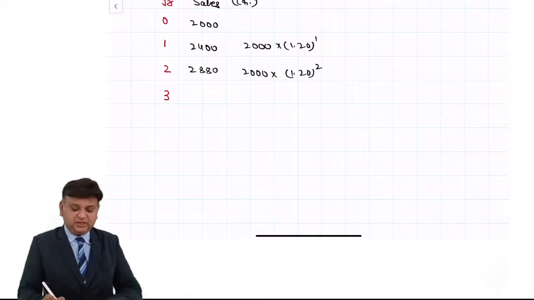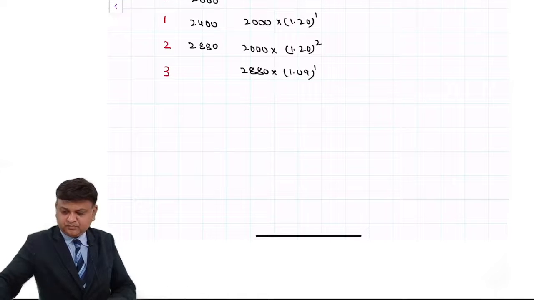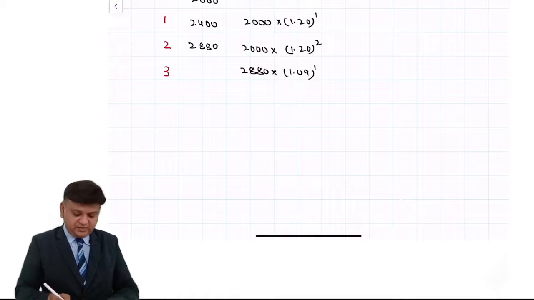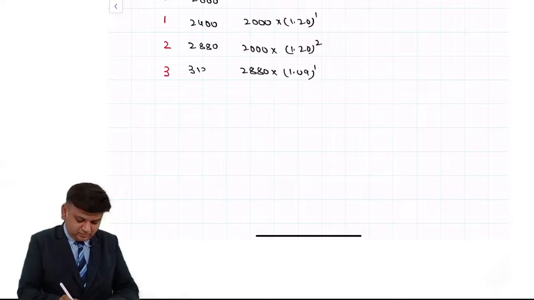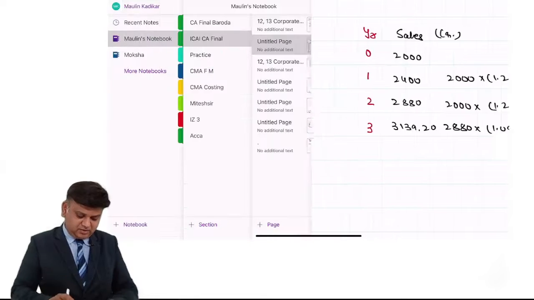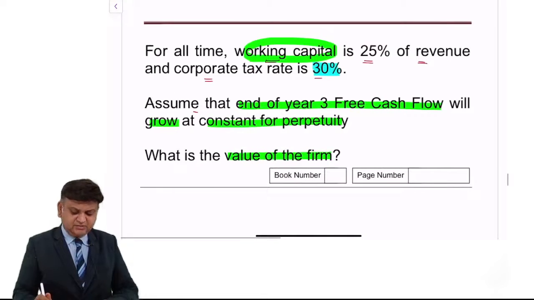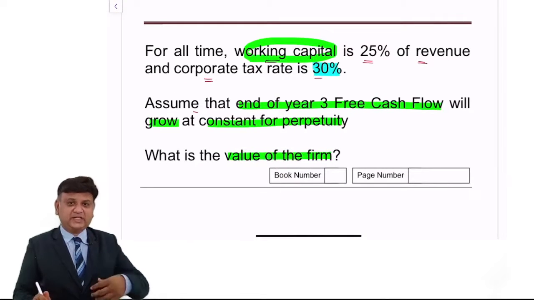Next year it will grow at the rate of 9%. That is 3139.2. That is the way the sales is calculated. Why have I calculated the sales? Because the language of the question speaks like that.